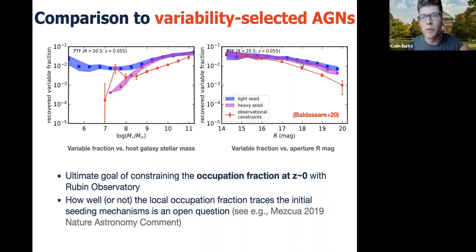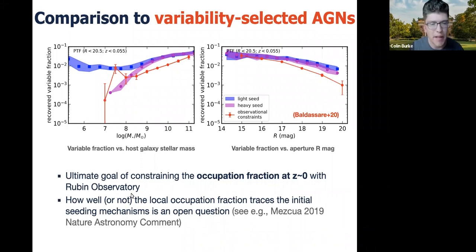It also reproduces the rough shape that you would expect as a function of galaxy magnitude, which is shown on the right-hand side. There's some inconsistency here, which could be due to incompleteness in the observations or something wrong with our model.